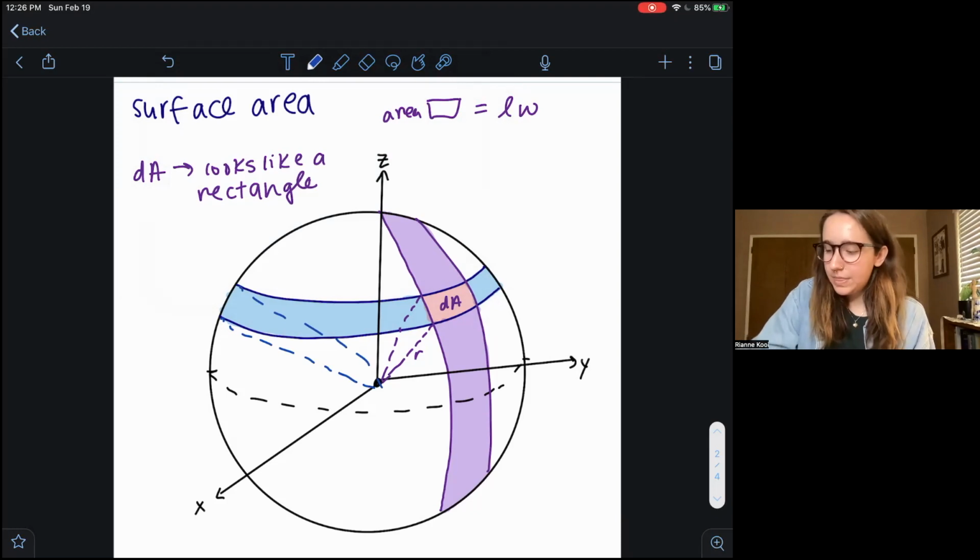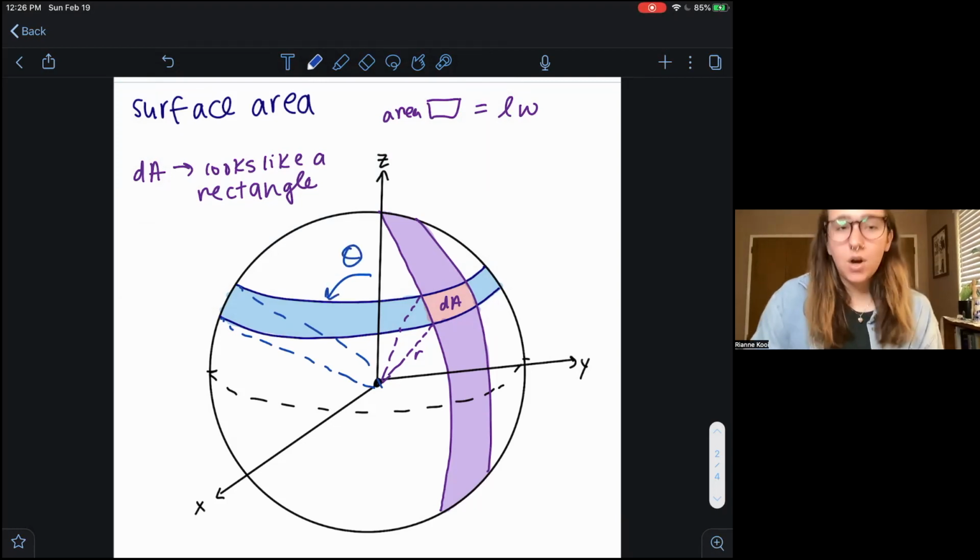And just remember that theta is a measurement of how far away we are from the z-axis, going from positive to negative. So we can draw it like that. So let's say that this one here is 1, this is 2.